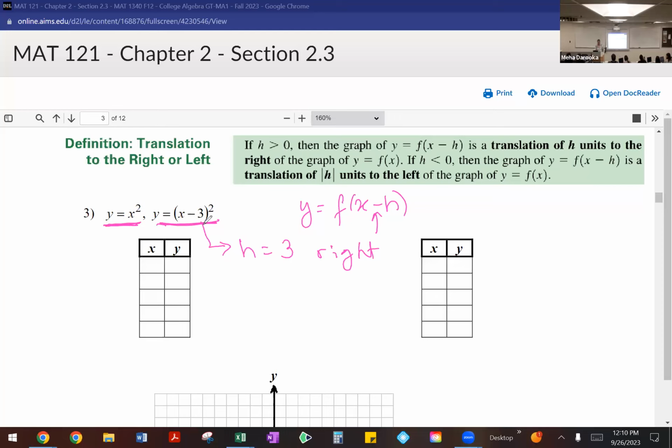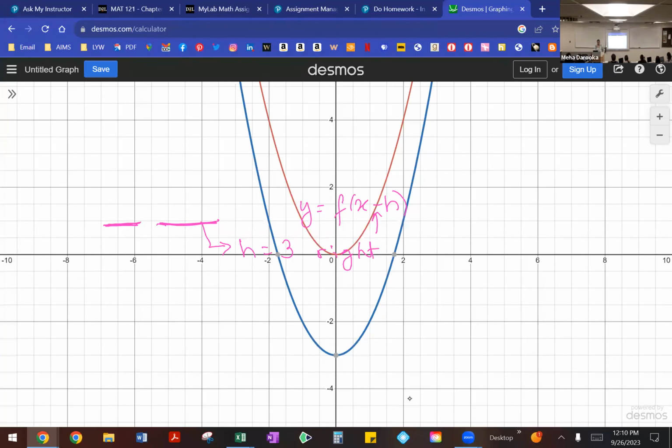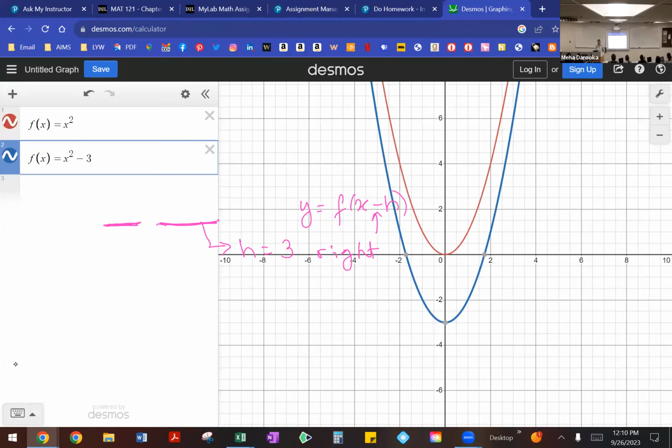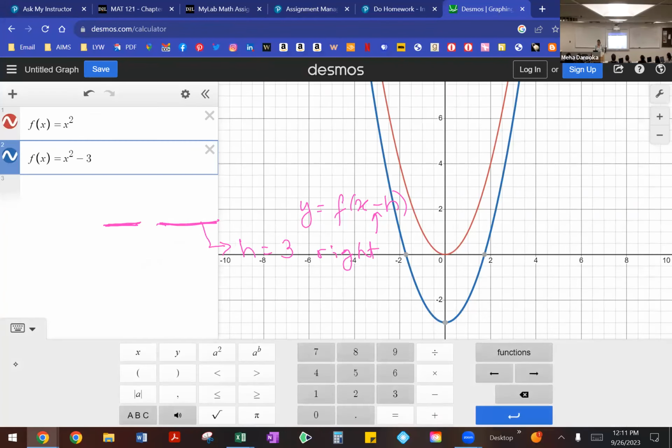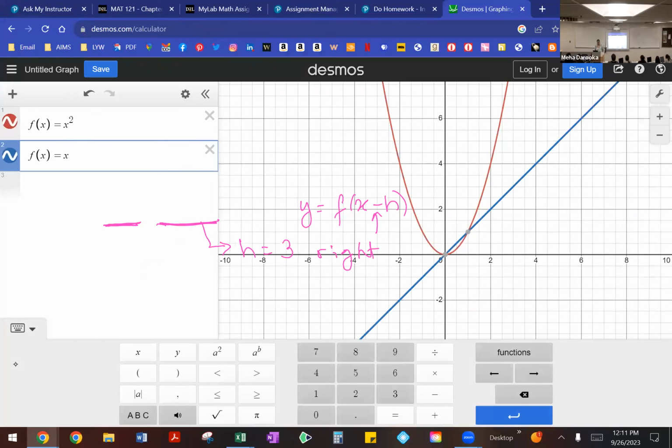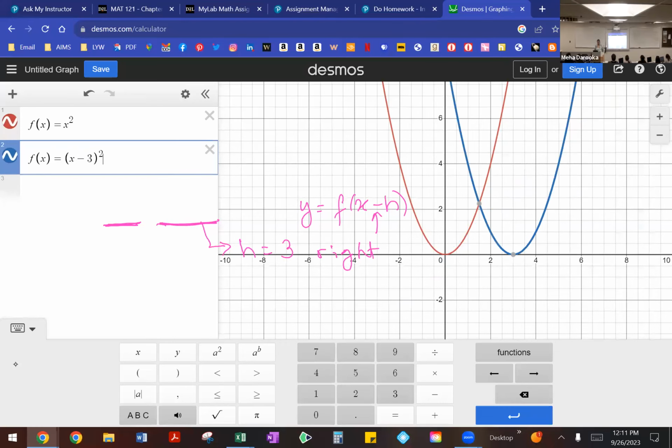So let's take a look at what the graph of this will look like. Still keeping x squared as our base function, but changing this to x minus 3, and then we put the square on the outside.